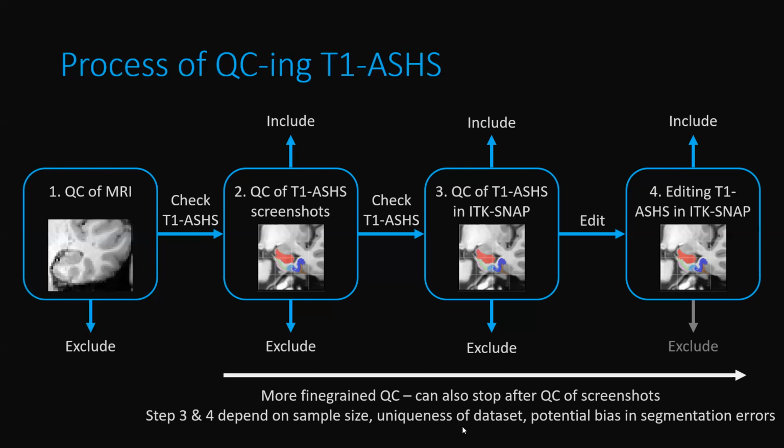But if you have a very unique and special data set, maybe you want to go all the way to 4 and do some extensive editing. Finally, if there's potentially a bias in your segmentation error, and I'll come back to that later, then maybe you do want to edit it even if you have a large sample size. But that really depends on your study design and your sample.